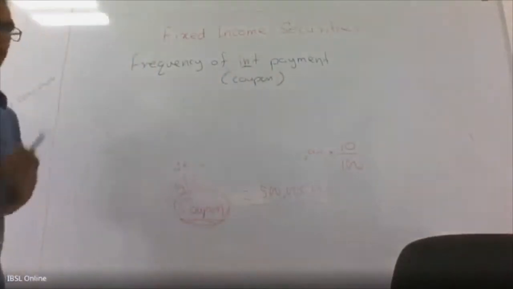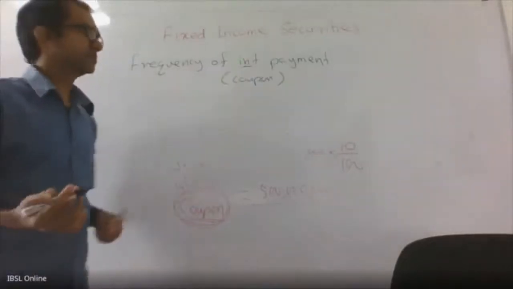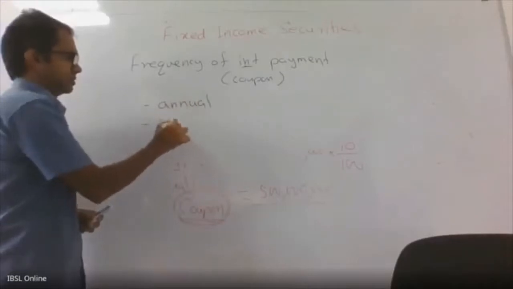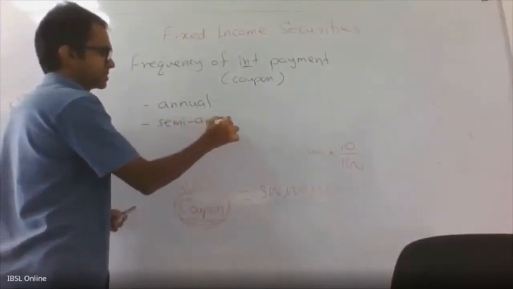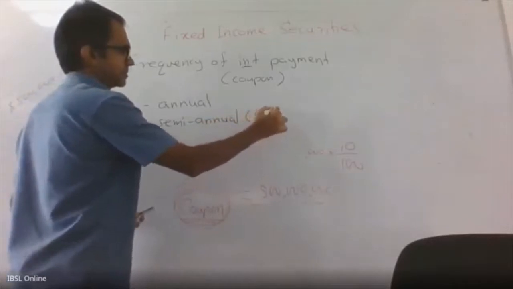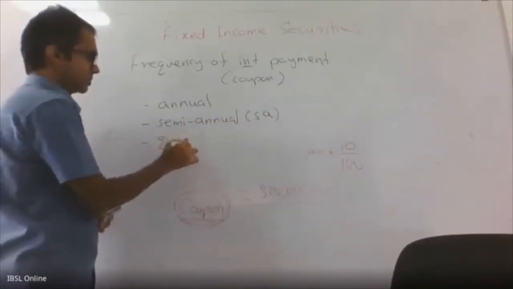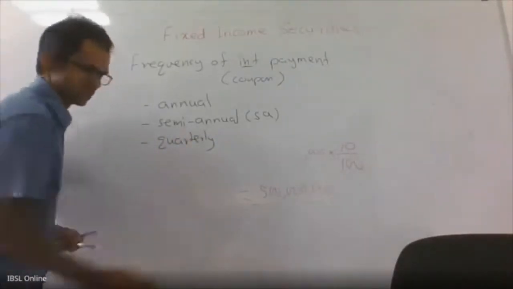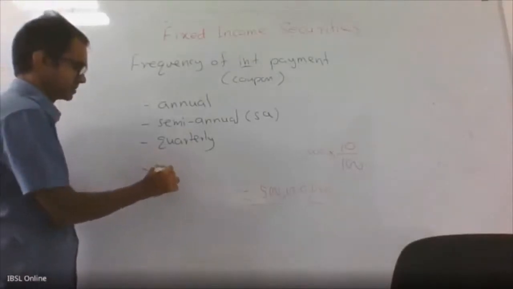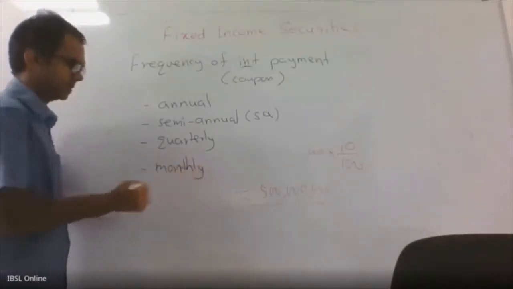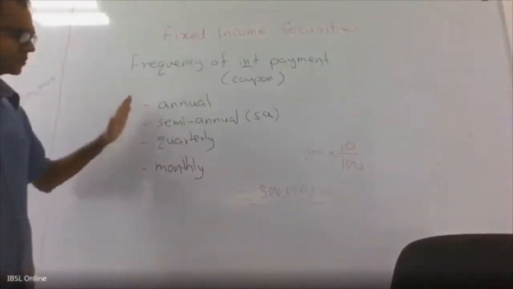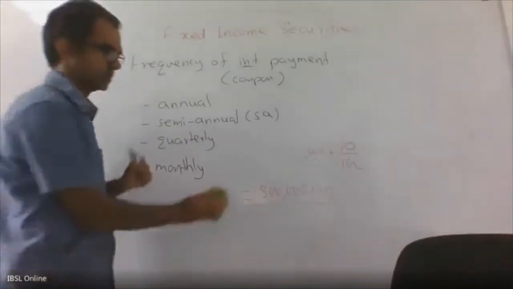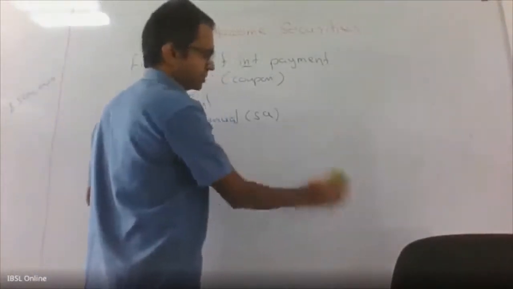Coupon is the interest. Frequency of coupon payment may vary. It may be annual, may be semi-annual, or maybe quarterly, or maybe monthly. Again, this frequency, what is the coupon payment frequency, is agreed before the primary auction takes place.